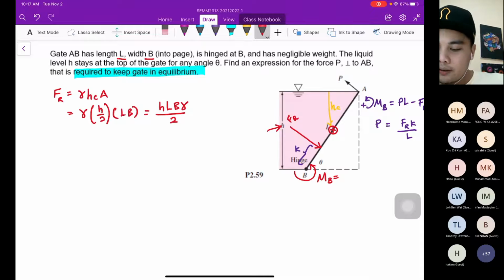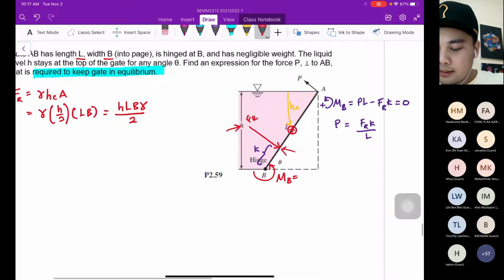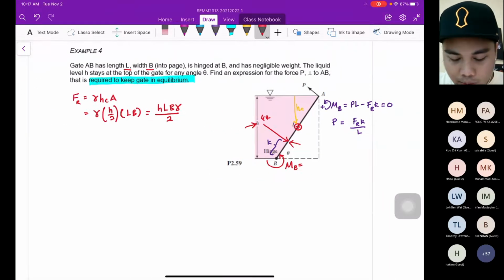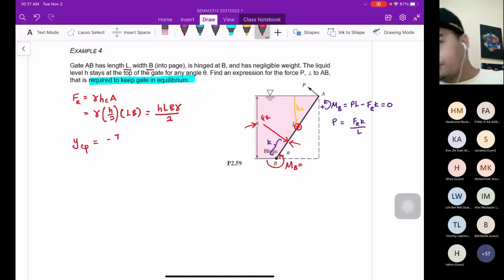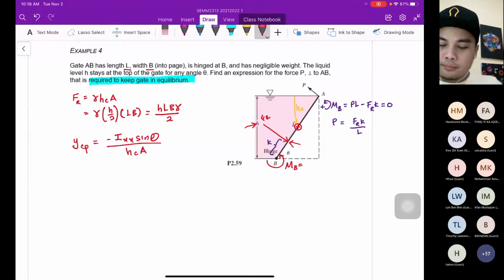How to get the K? Definitely we must know the position of this FR. So using our previously derived equation, YCP equal to negative IXX sine theta over HCA.